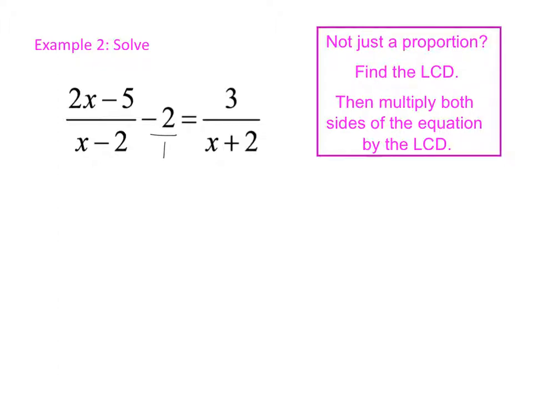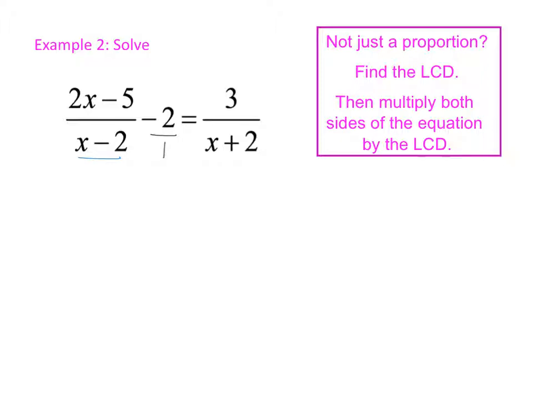So I'm going to put this 2 over 1. So if I look at all the denominators, I have x minus 2, 1, and x plus 2. I need to find the common denominator of those three. And that common denominator is x minus 2 and x plus 2. So what this x minus 2 needs is to be multiplied by the LCD.